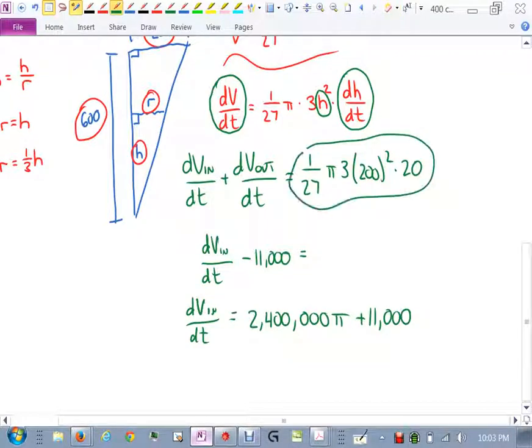When you do all that, you get 279,253. And then you add your 11,000, and you get 290,253.